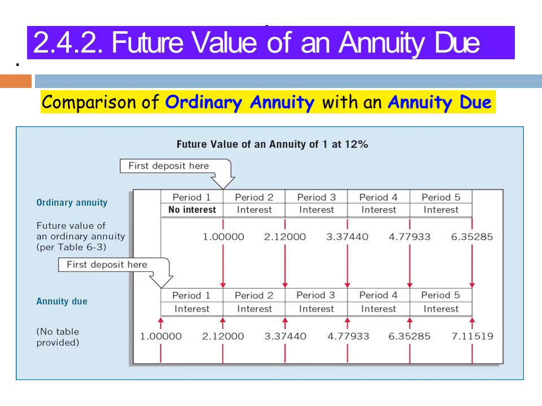At period 5, the factor for the annuity due is 7.11519. For the ordinary annuity it is 6.35, so there is a difference. The annuity due is greater than the ordinary annuity.